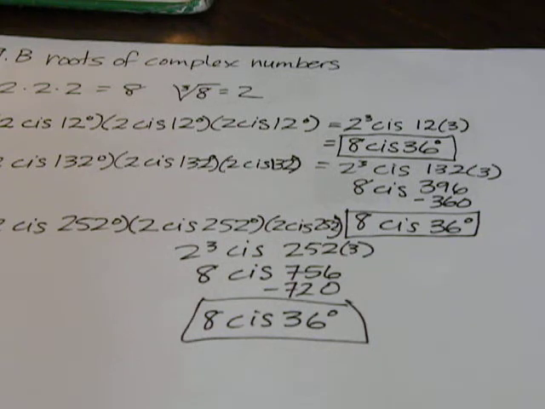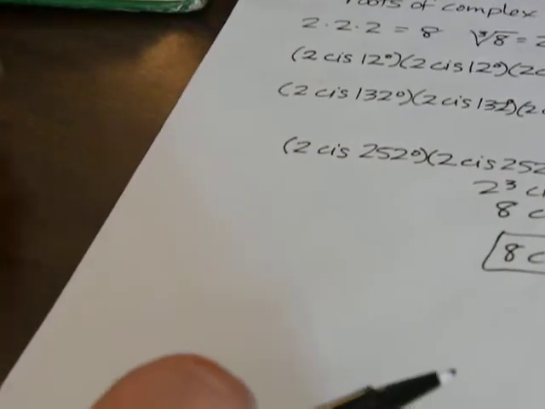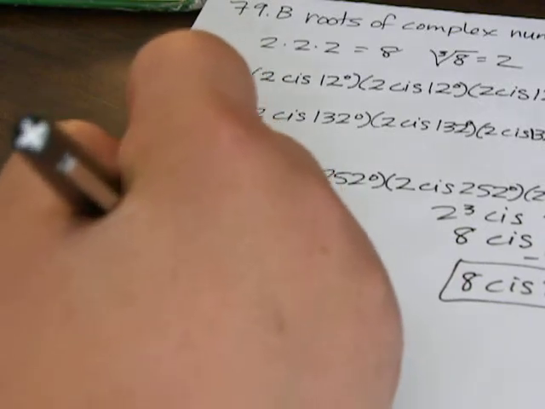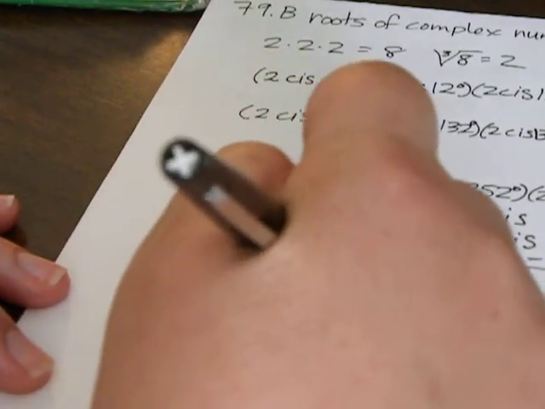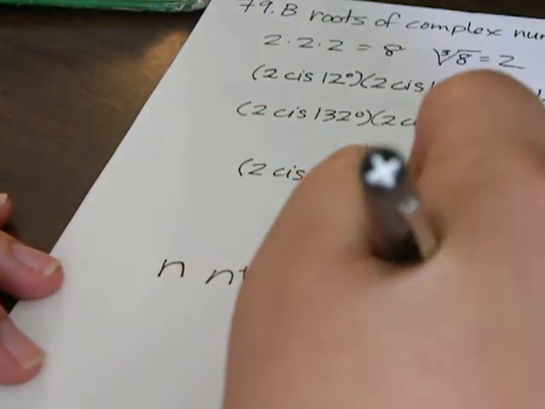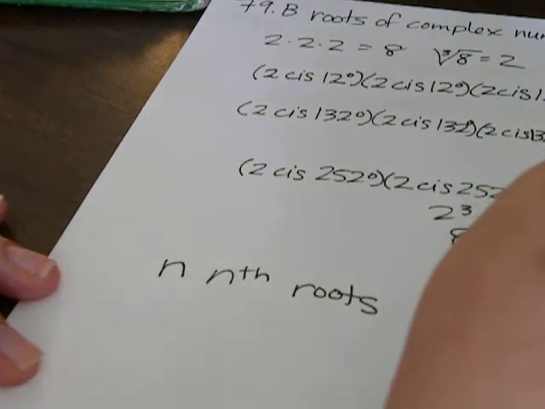If it has cube roots, there will be 3 of them. If they are 4th roots, there will be 4. If it's 5th roots, there are 5, and so on. So there will be nth roots for every complex number. So that's the first thing that you need to remember.